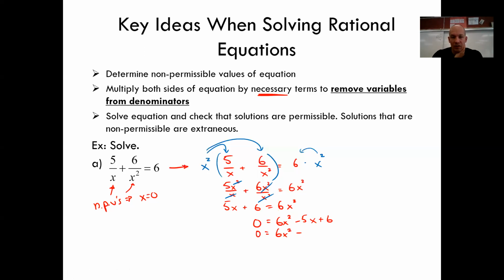I want to say, let's see, AC equals negative 36, B is equal to negative 5, so I think negative 9 and 4 will do the trick. So negative 9x plus 4x minus 6. And we go ahead and we get 3x, so that's 2x minus 3. That's plus 2, so that's 2x.